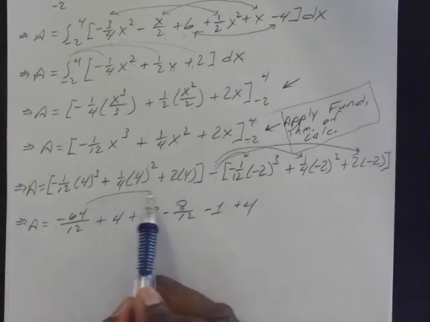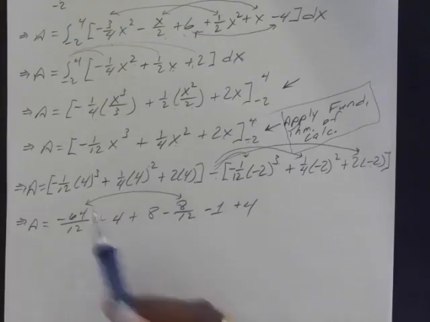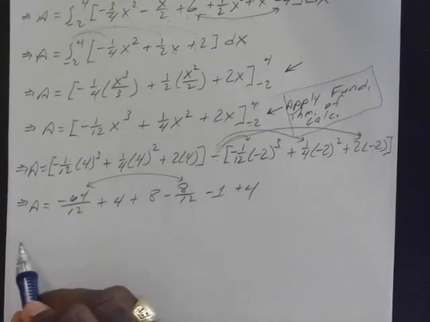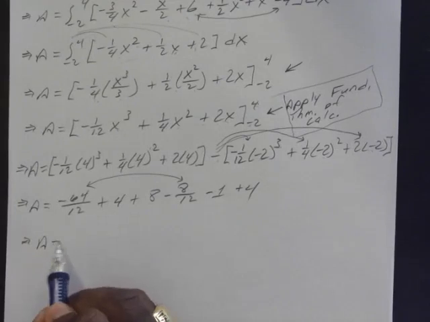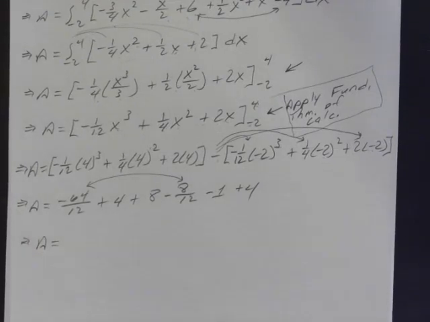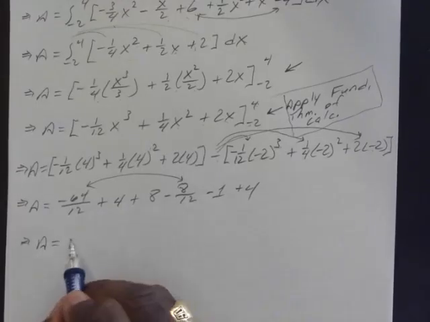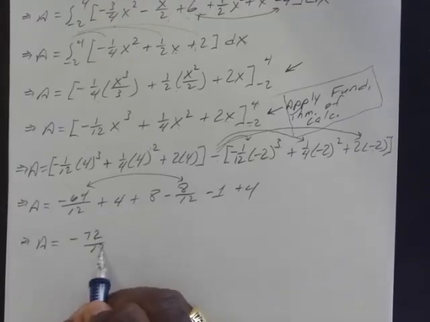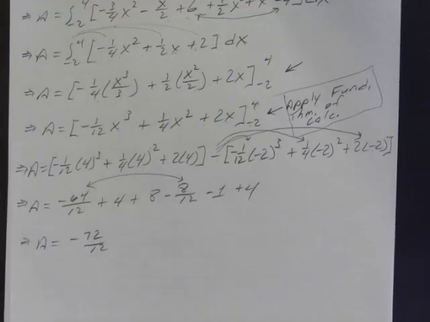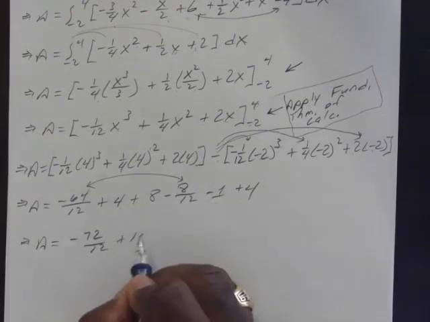Okay. And then from here, we can just simplify by combining like terms. Okay, so negative 64/12 minus 8/12 is negative 72/12. And 8 plus 4 is 16, minus 1 is 15.